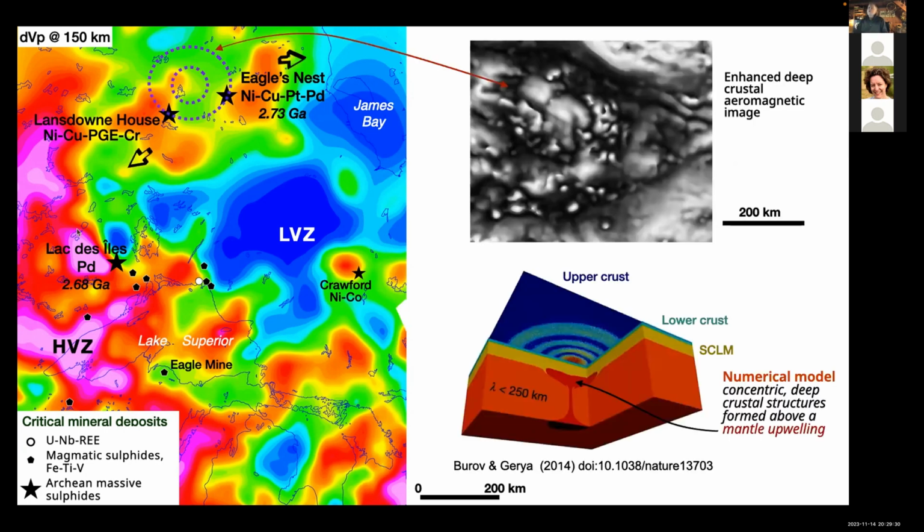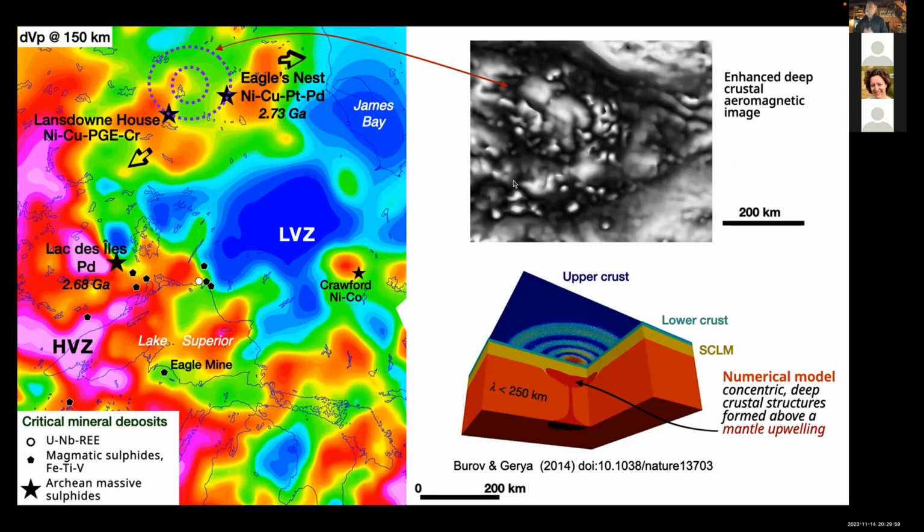And if we plot here schematically these concentric structures that I've observed in the lower crustal component from an aeromagnetic image that's been enhanced to show such features, we can see these concentric structures here that are fitting in between these two fragments of the high velocity material within overall this low velocity zone.